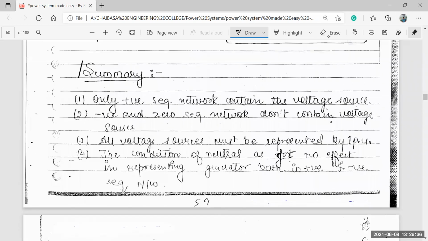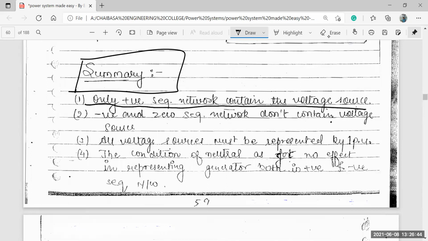Now the summary of what we have got from this: first, only the positive sequence network contains the voltage source. Negative and zero sequence networks do not contain a voltage source.